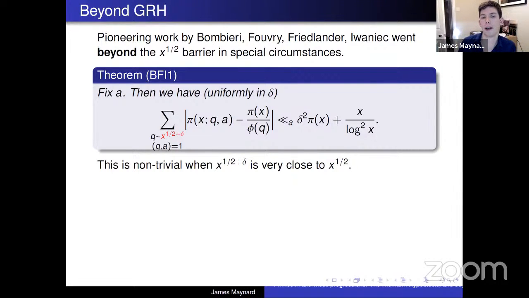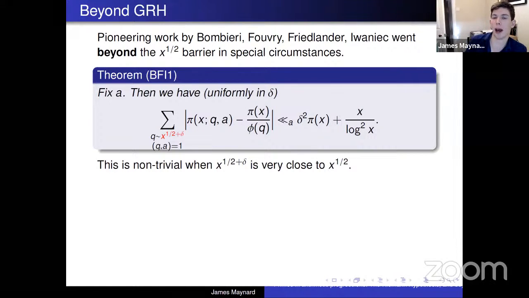then this is getting a non-trivial result, and it's saying for most moduli q of size very close to the square root of x, you have something close to equidistribution. But the key point here is that you're going beyond the range that's required from the Riemann hypothesis.